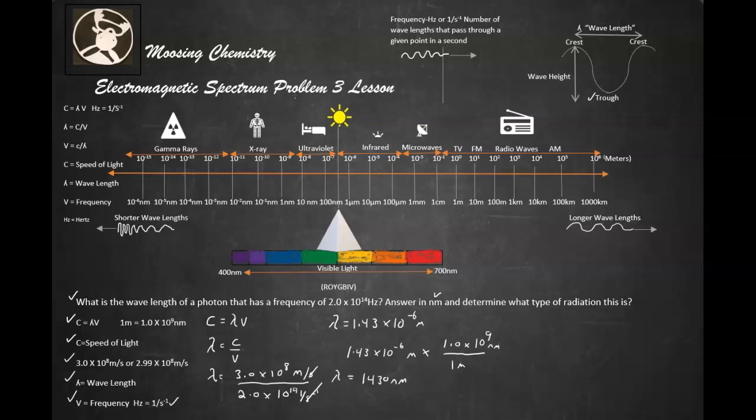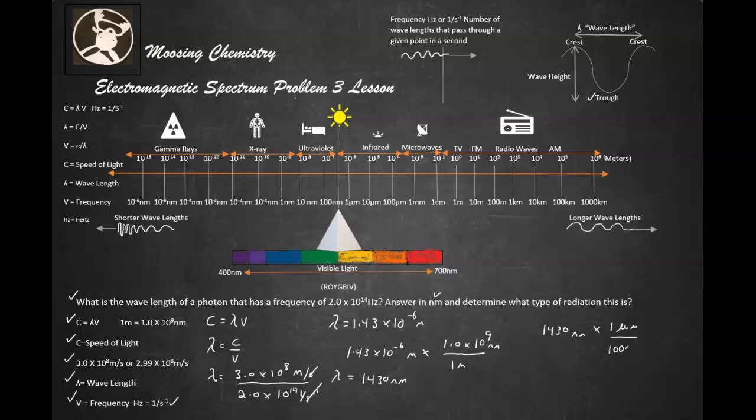If you look up here, I've got the scale in nanometers and micrometers and meters. So we need to see what 1,430 nanometers equals, because it's going to go into the micrometer area. So we're going to convert that: 1,430 nanometers times 1 micrometer divided by 1,000 nanometers.